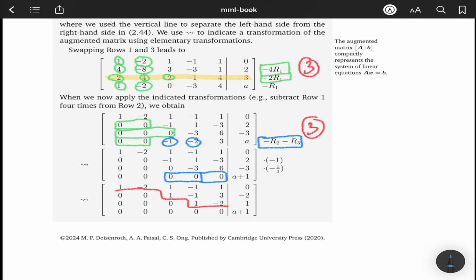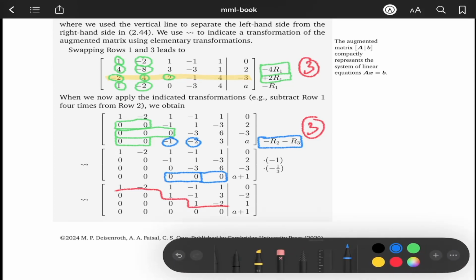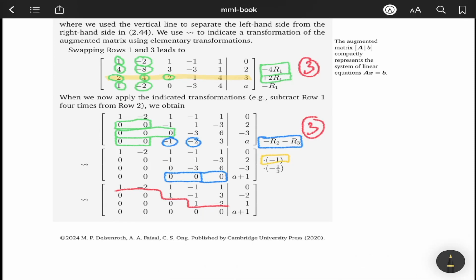Okay, now what we have is basically almost the right form, but we just want to scale it up and down. So first they flip the sign here, just to make a plus here and here.